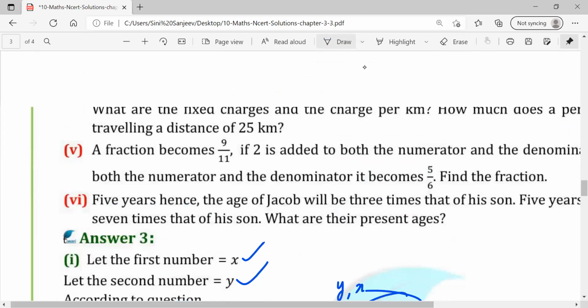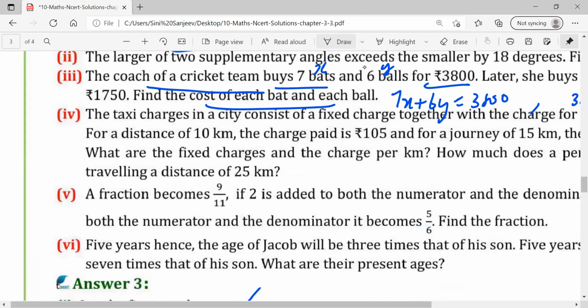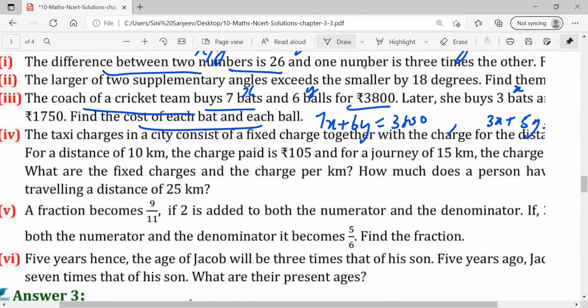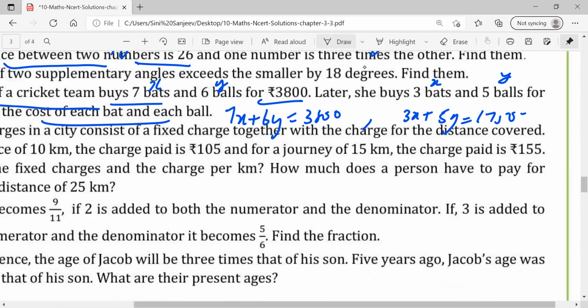So 7x plus 6y is equal to 3800. By the elimination method, we can multiply this equation by 3 and the other equation by 7.